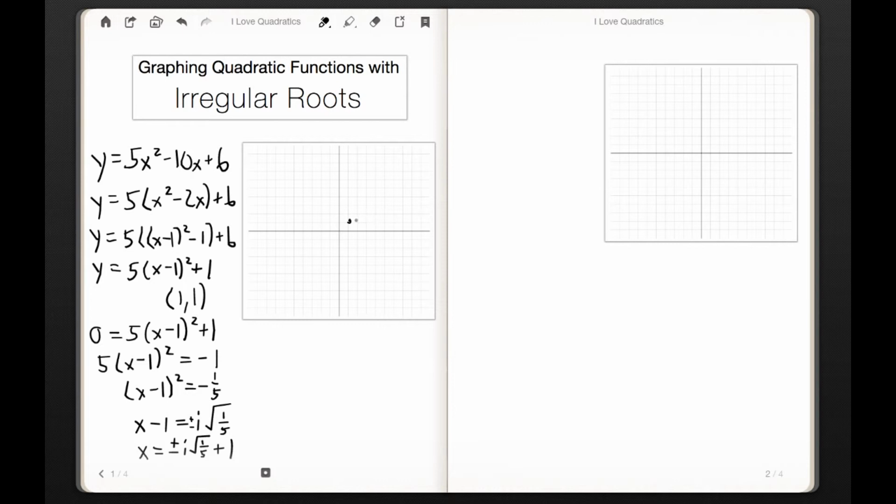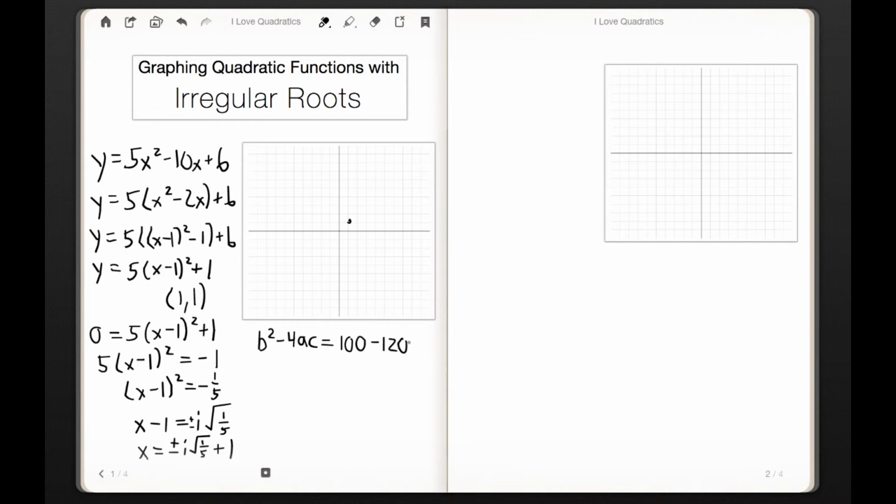Another way to prove this is to use the discriminant. Remember, the discriminant is the part of the quadratic formula under the square root, b squared minus 4ac. So if we take the discriminant of this quadratic, b squared, that will be -10 squared is 100 minus 4 times 5 times 6. 4 times 5 times 6 is 120.